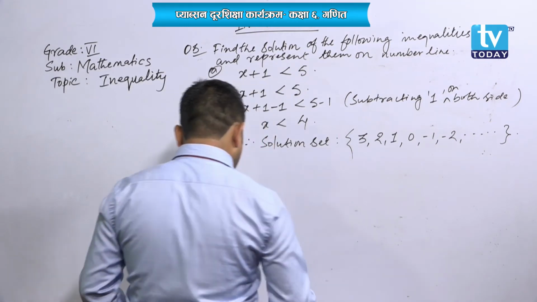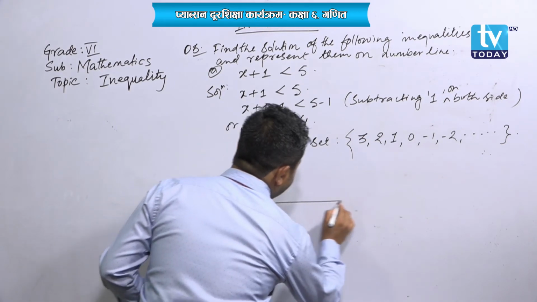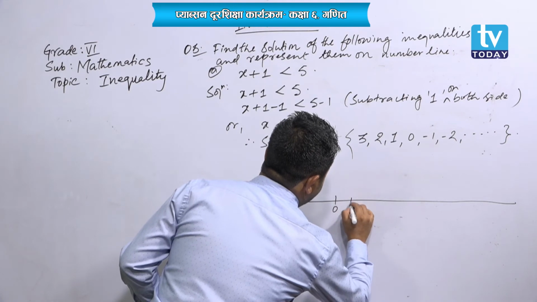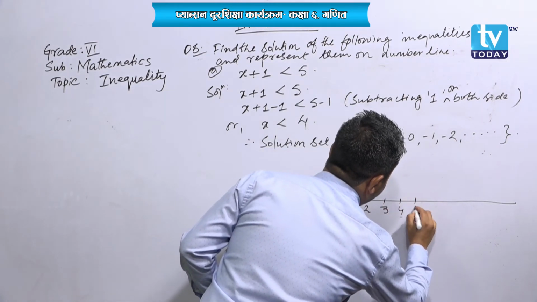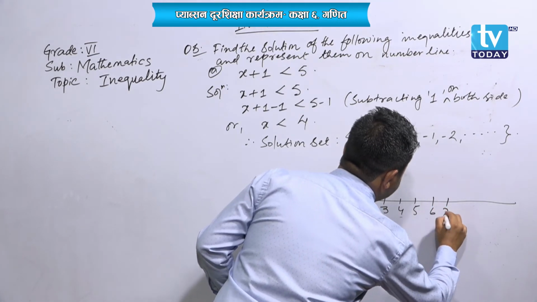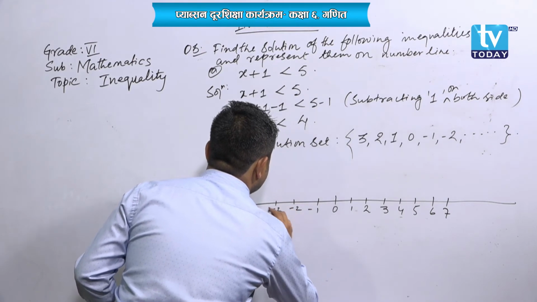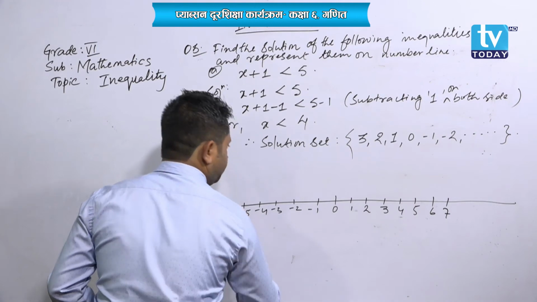Now you have to represent this in number line also. Like the previous question, you can represent all this in number line: 0, 1, 2, 3, 4, 5, 6, 7, minus 1, minus 2, minus 3, minus 4, minus 5.